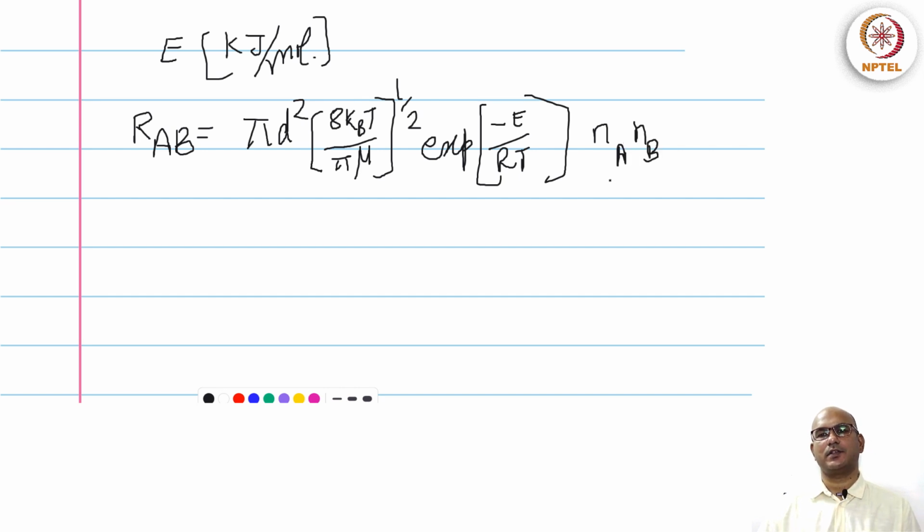Now these are our concentrations. So basically R is proportional to NA times NB, right? Concentration of A and concentration of B.